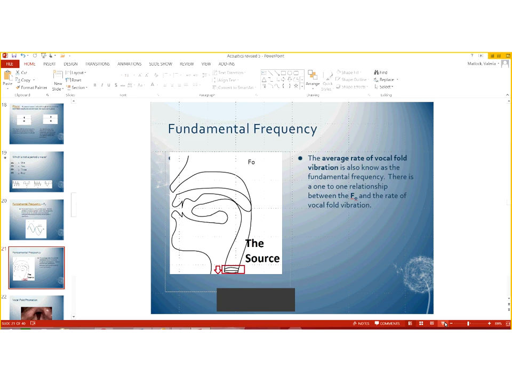Or you may work with a transgender person who wants to use a lower registry or a higher registry. And so you're going to work on having them learn to adjust their vocal folds to kind of artificially produce a lower fundamental frequency.